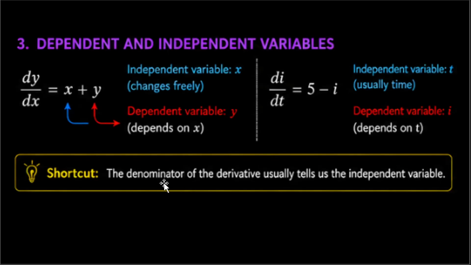The shortcut is that the denominator of the derivative will usually tell us the independent variable. For this one, it is dx, so x is our independent variable, and for this one, dt, so t is the independent variable.